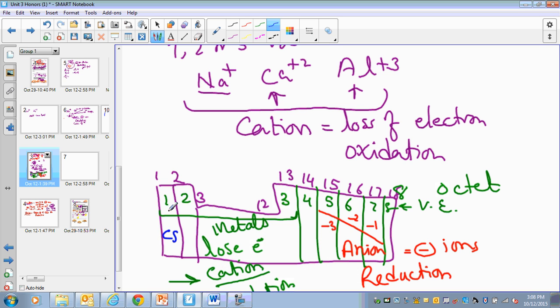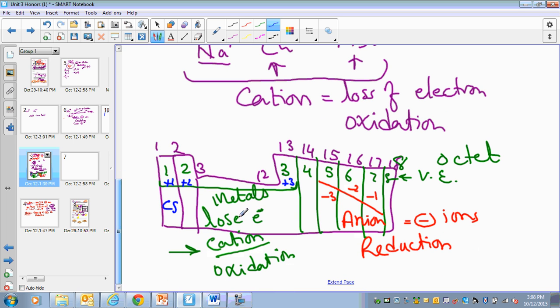Cesium has a positive 1, this is positive 2, this is positive 3, negative 1, negative 2, negative 3. So if cesium is here, that means cesium has a charge of positive 1. So if I am doing the formula for cesium oxide, oxygen is right here. Cesium is plus 1 because cesium is in group 1, and oxide means oxygen is minus 2 because the periodic table tells me oxygen is minus 2.